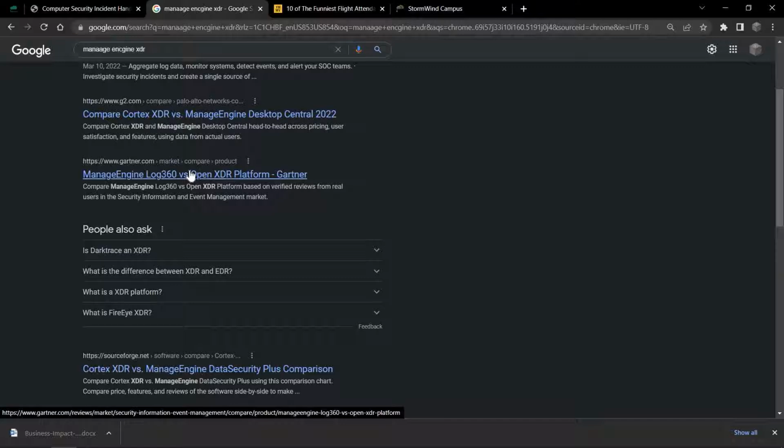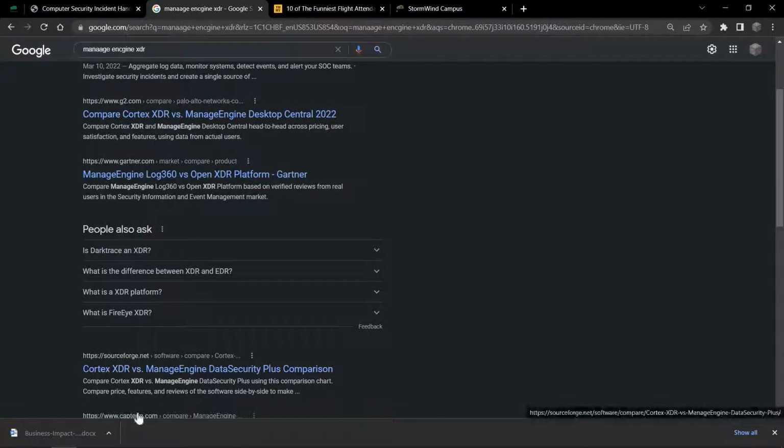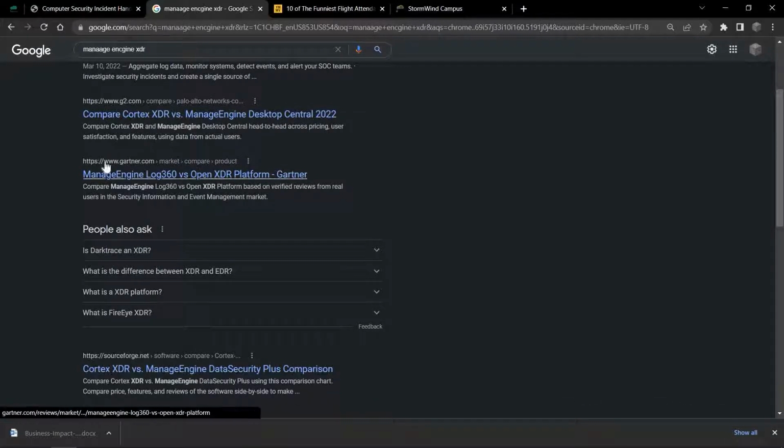And you can see that Gartner did a comparison for ManageEngine against Cortex XDR. So I would say their Data Security Plus solution and their ManageEngine Log are the two closest to an XDR solution. It's so funny because ManageEngine isn't really in a lot of the buzz yet. But I did meet some of the ManageEngine folks. They're pinging me big time. Don't ever go to a ManageEngine booth because they'll never stop bothering you.